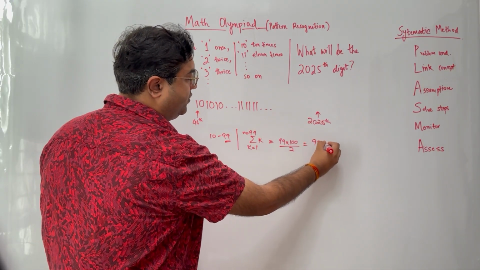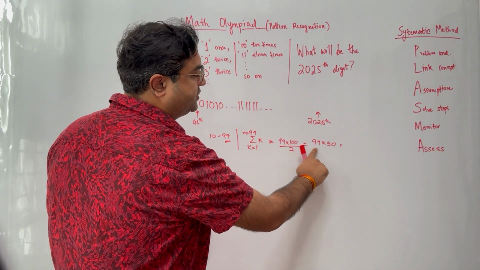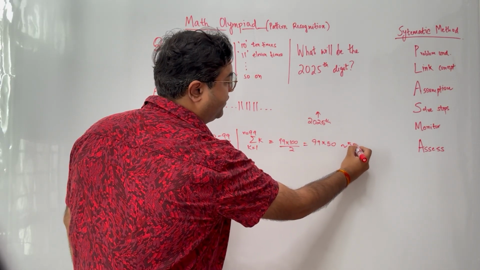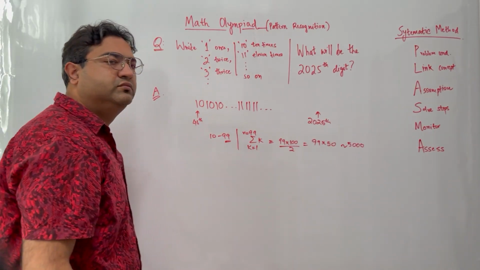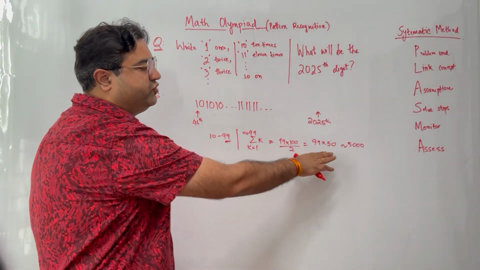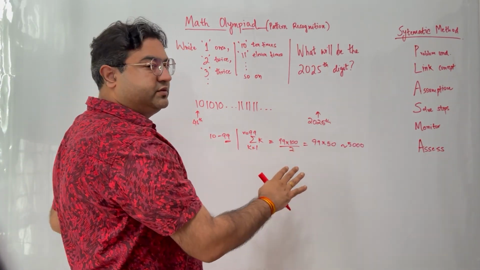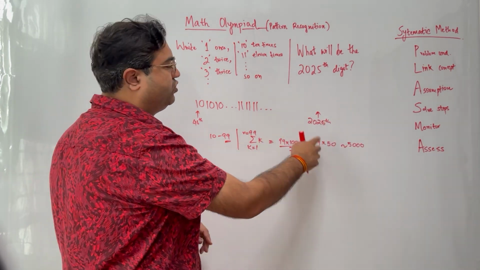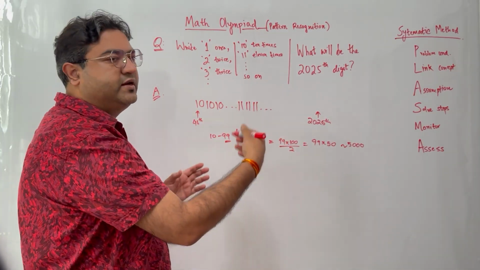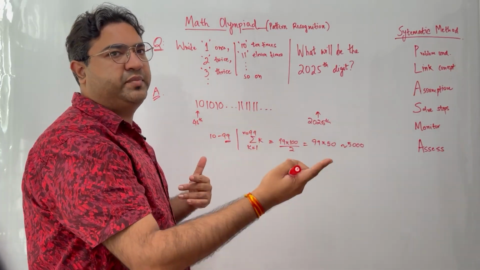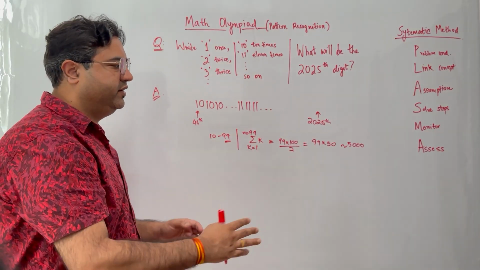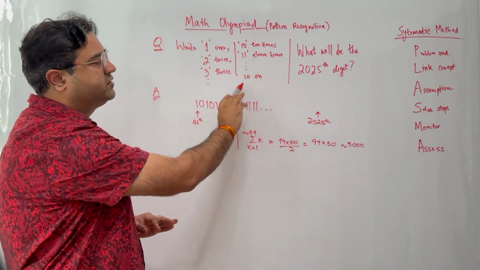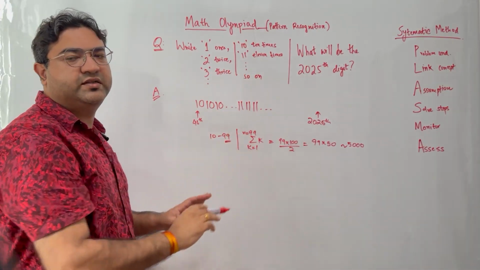So 99 into 50, which is close to 5,000. Correct? So we do not have to go this far. That means our numbers are contained within the two digits. We do not have to go to 3 digits, because after 99 it is going to be 3 digits. That's another breakpoint that we have to keep in mind. So essentially we have our answer somewhere in the 2 digits itself.